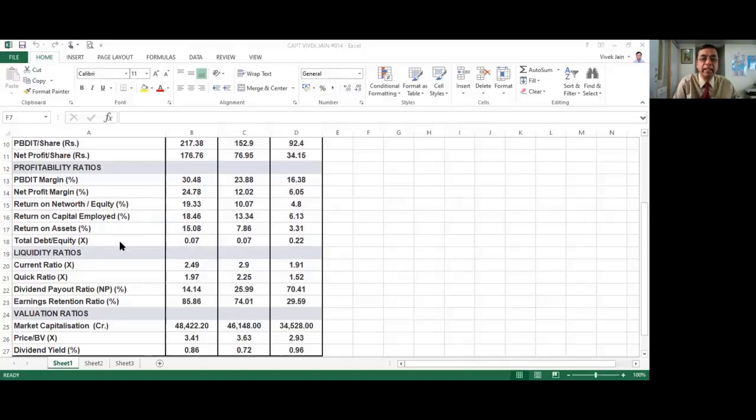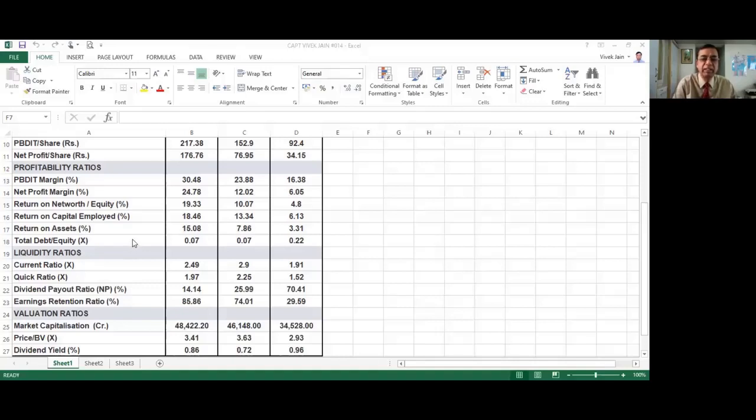Total debt equity ratio, it means that whatever is the equity capital plus reserves of the company, how much debt the company has taken against it. I may have probably discussed in my episodes earlier, the financial analysts normally don't like the company to take any debt.